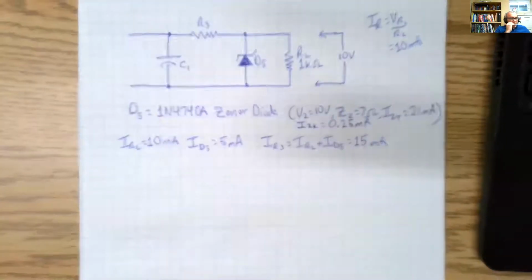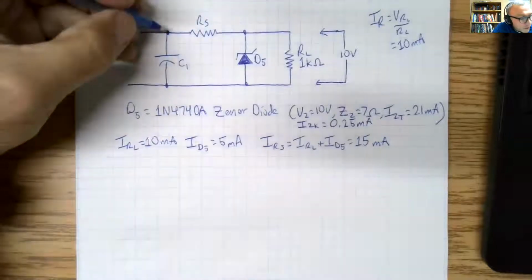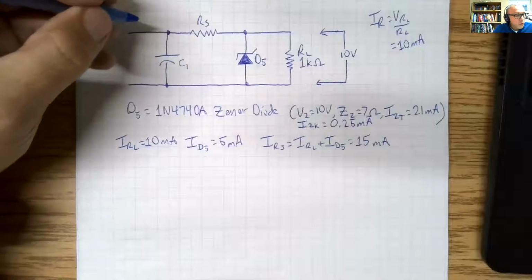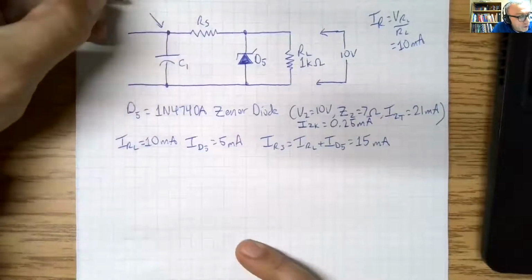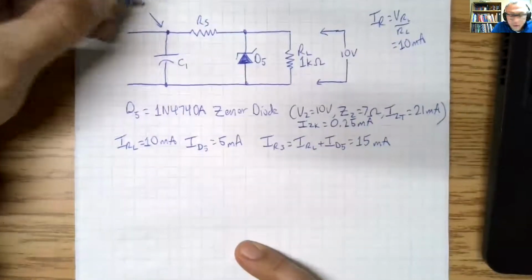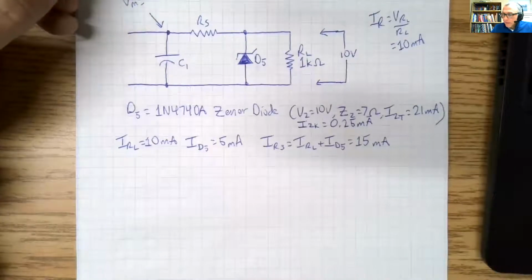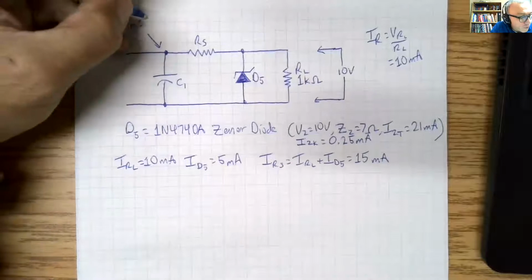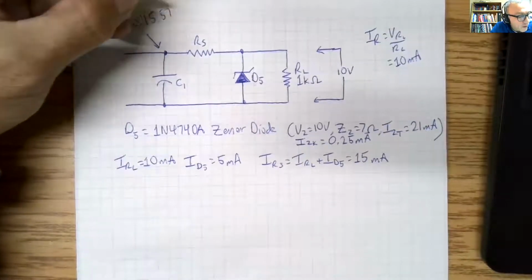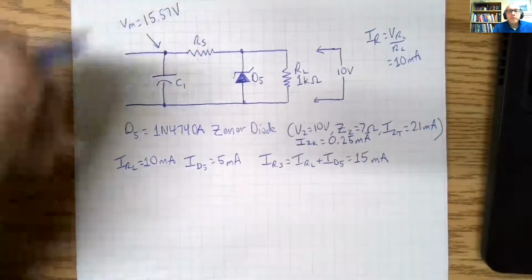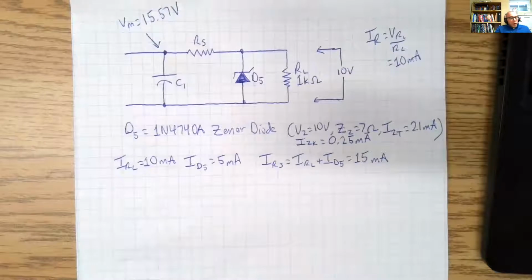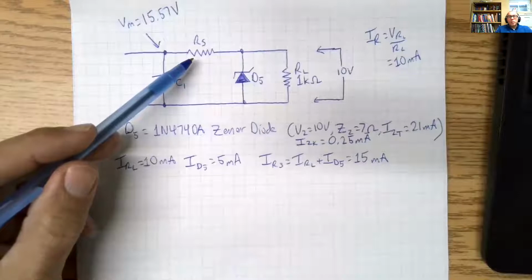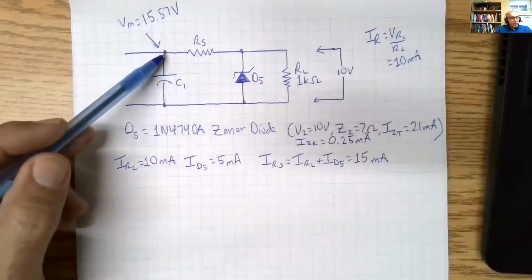Now, here we know that Vmax from our previous screen is equal to 15.57 volts. We remember that from before. Which means that the maximum voltage across this resistor is 15.57 volts.